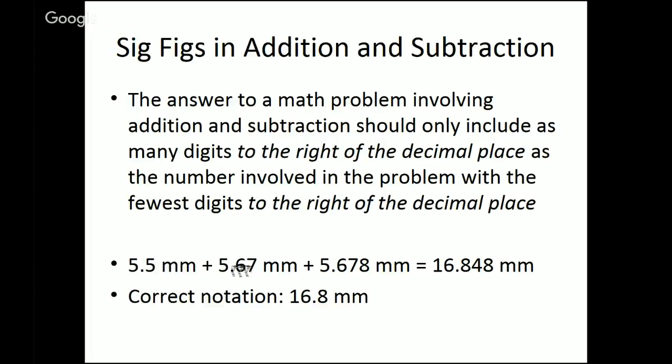In this case, if you put these numbers in your calculator, it's going to spit out something like this, 16.848. So what you will want to report is 16.8. Okay. Now, if that 4 had been a 5 or higher, you would need to round up and report 16.9. But because it's a 4, it's okay to leave it 16.8. Okay, so you match it to the same number of decimal places as are to the right of the decimal point.